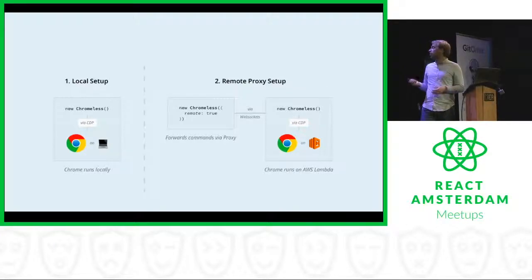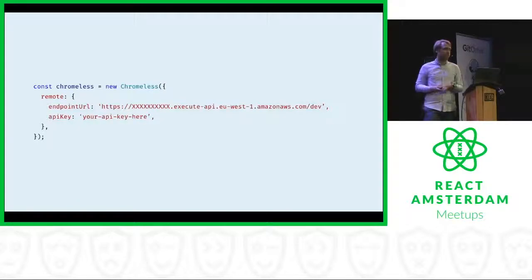And with AWS Lambda, you can spin up as many functions as you want. When it does, it has a headless Chrome running there, and you can send your commands through the terminal to those instances, which means that you can run as many tests in parallel as you want or as your computer can handle, which is quite a lot.